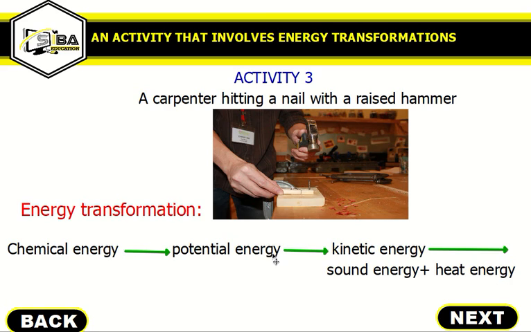So the potential energy will obviously change to kinetic energy because the hammer moves. And then once the hammer moves, you hear sound, and that is sound energy. And then obviously when you feel the top of the nail, you feel heat. So we say plus heat energy.